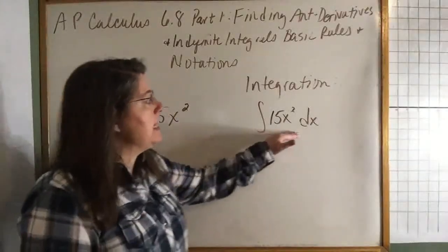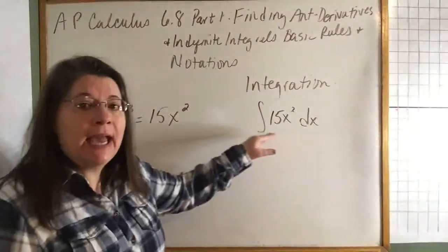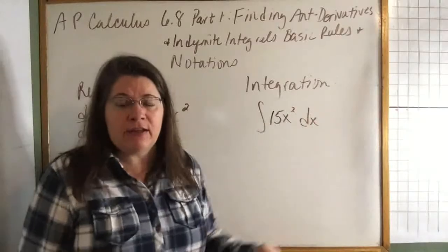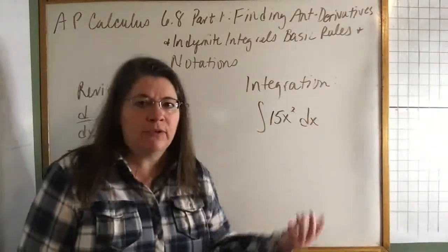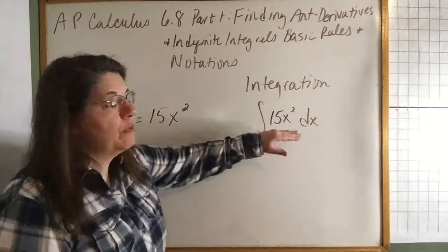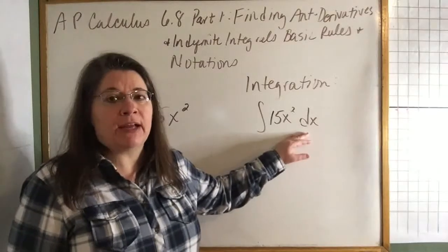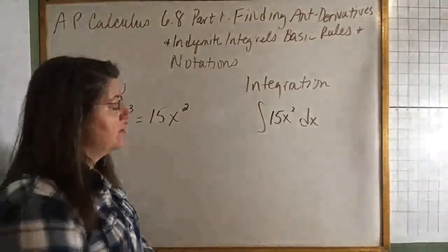Now, we're getting into the part where we're not going to have to find areas anymore. We're not going to have to draw trapezoids or rectangles anymore. We will be able to do this pretty much algebraically if we know some basic calculus steps.